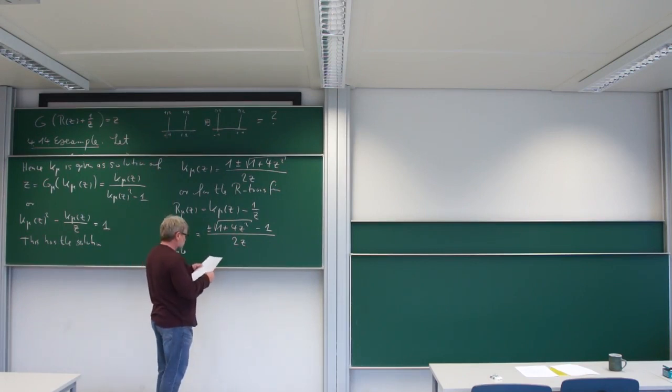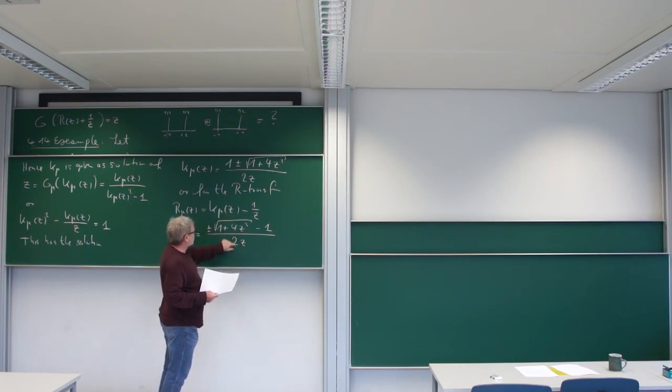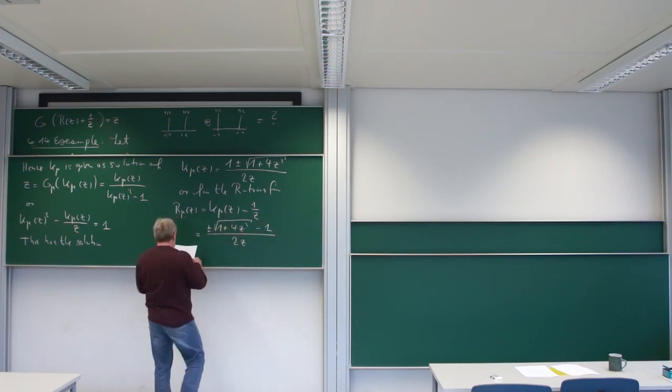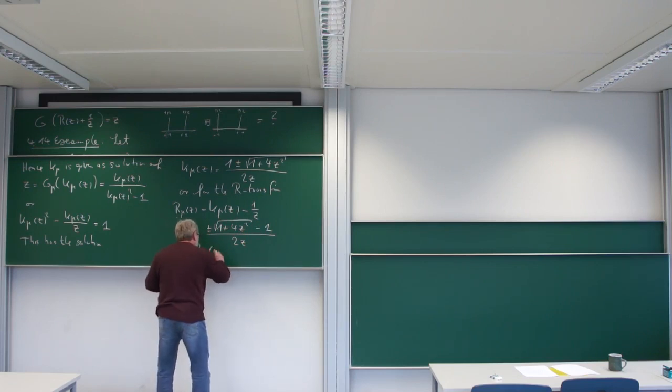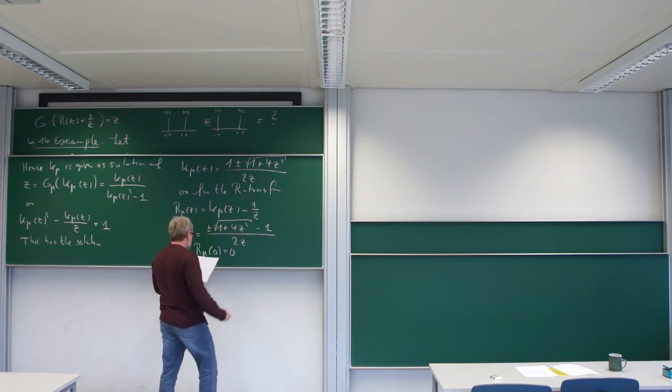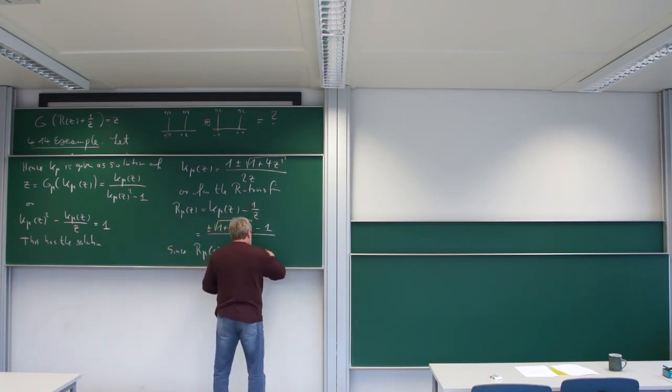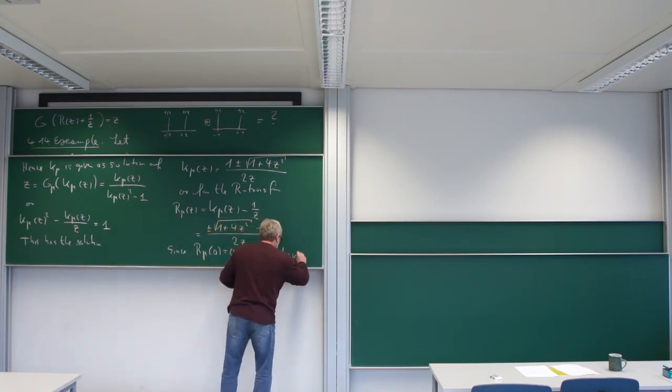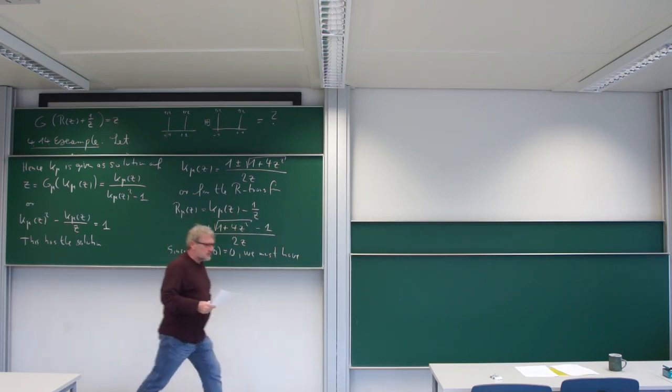Okay, and so for this we need the plus sign, because then this square root essentially behaves like 1 plus 2z squared, and then we have 1 minus 1. So since R(0) has to be 0, we know that our solution is the one with the plus sign.